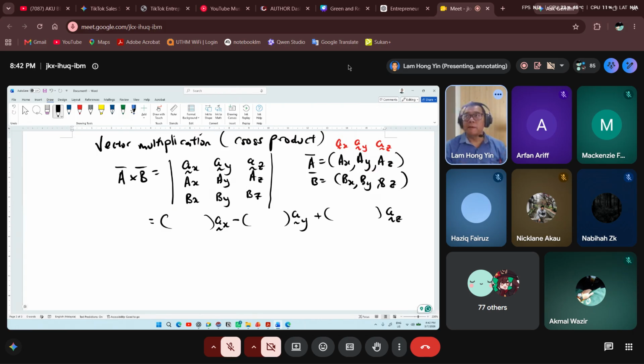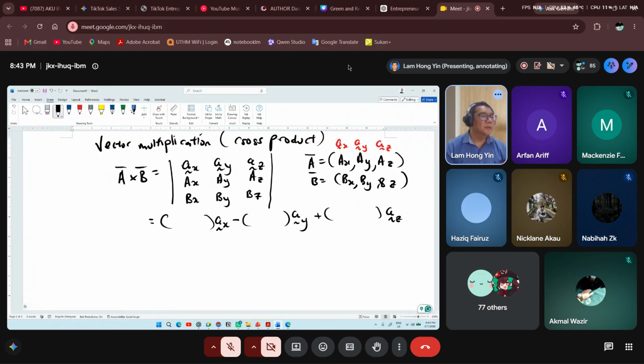This is fixed all the time, if you still remember how to perform the cross product from engineering maths 1. The things inside depend on what is available.